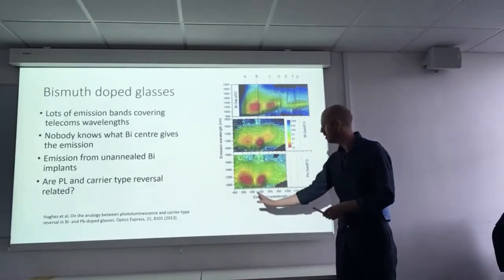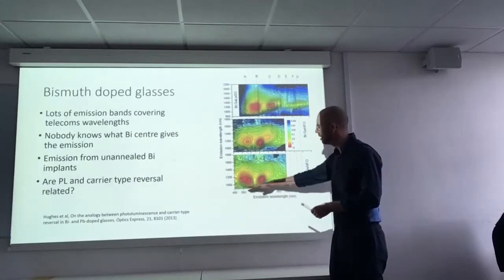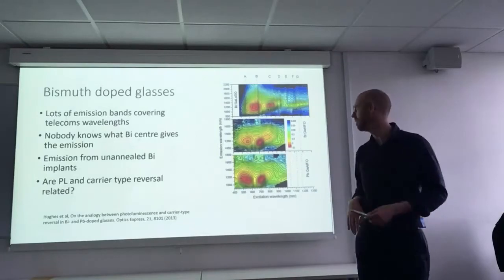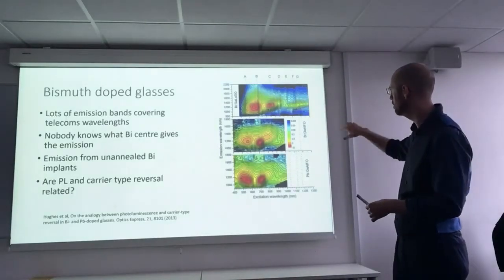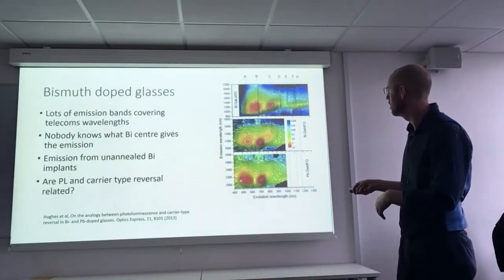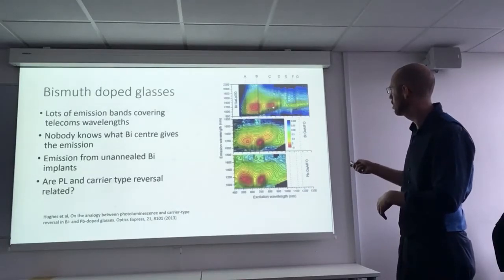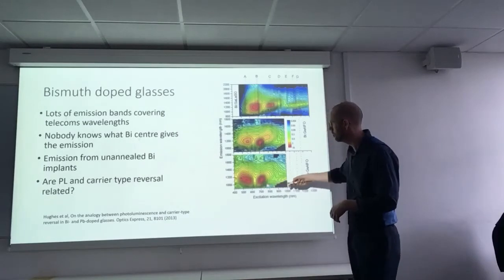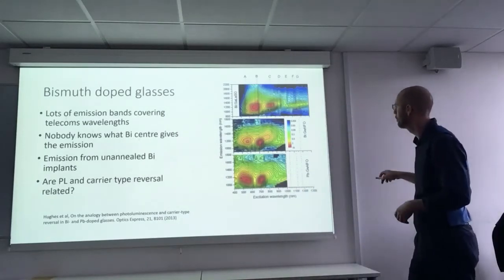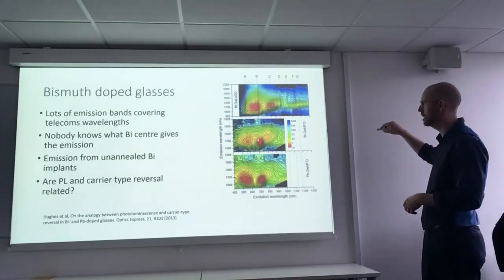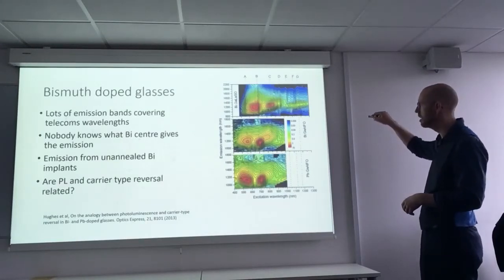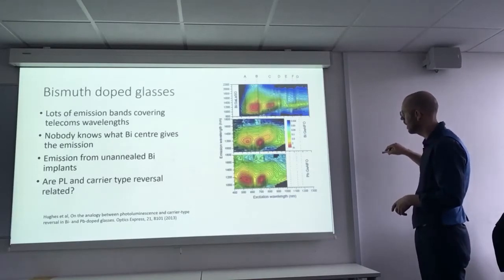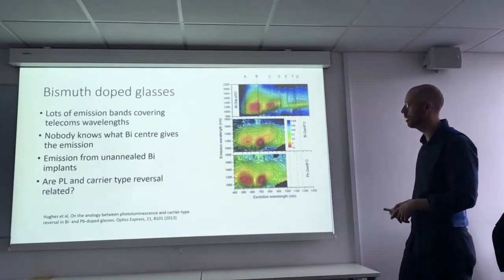So looking along here is absorption, and along here is emission. It's showing two things at once, so it's just showing the complexity. You get all these different regions corresponding to absorption that's giving off emission at a particular wavelength. What you can see is there's some correspondence between these very different glasses. This is a sulfide glass, this is an oxide glass, and this is another type of oxide glass.